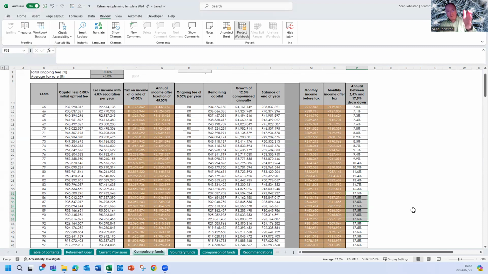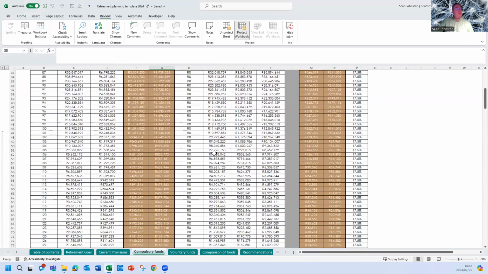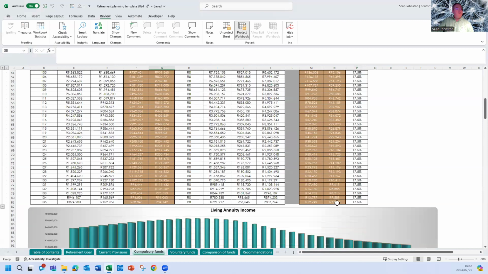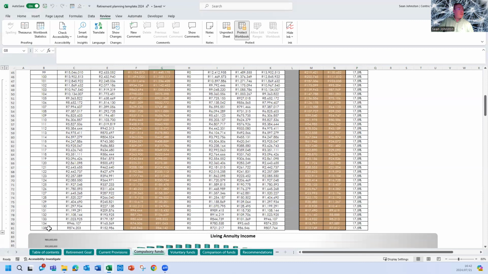And the year after, it does it again, and again, and again. And the reason for this is because your balance is reducing. Now, if you use a full table, you can actually see how far into the future his income actually goes. As you can see here, even after 135 years of age, he'll still have a very small little pension.